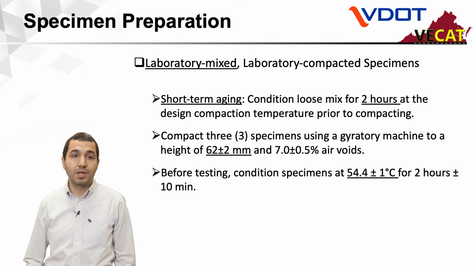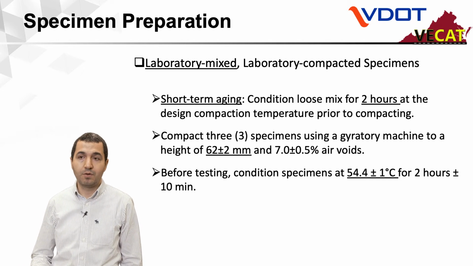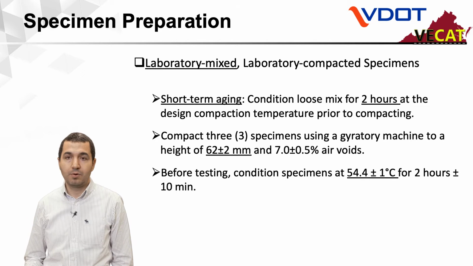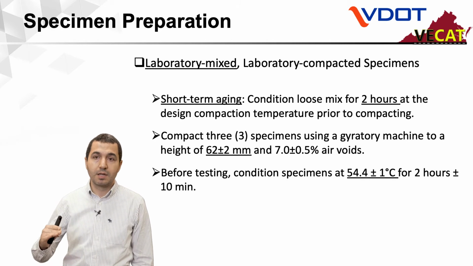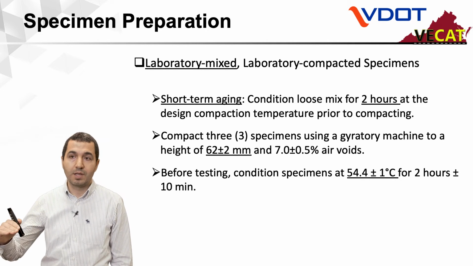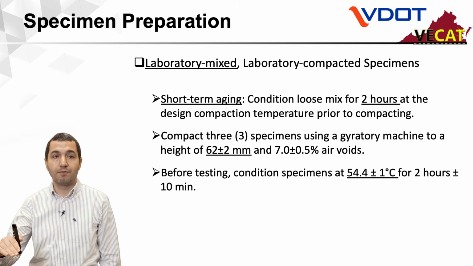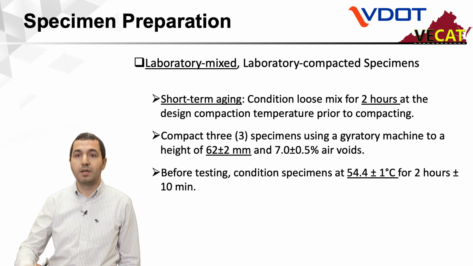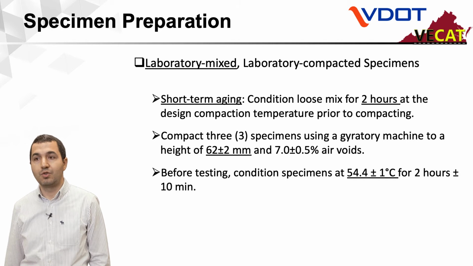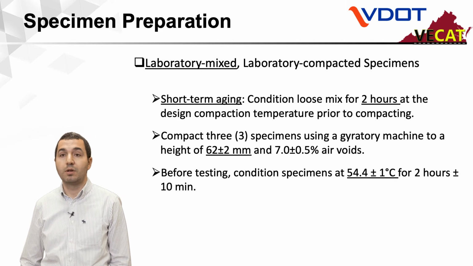And then condition test specimens at 54.4 C for 2 hours. The conditioning environment is already at that temperature, and the 2 hours start from when you place your specimens into that conditioning environment and start counting.